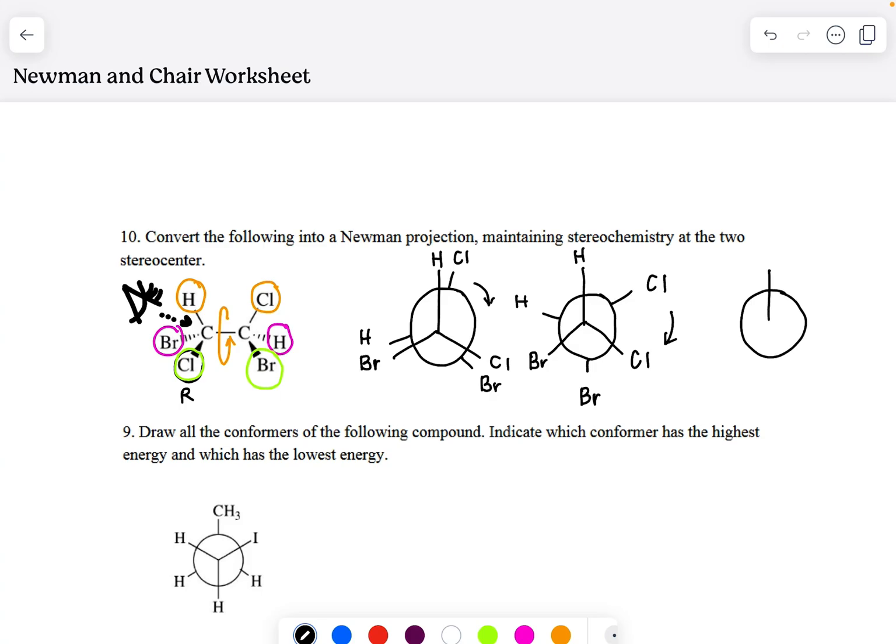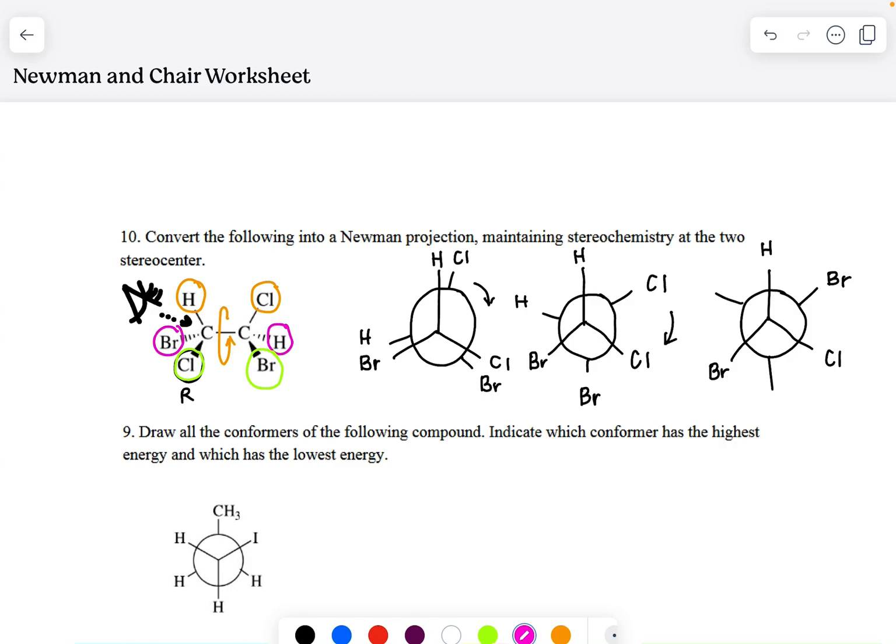Keeping everything in the front the same. Moving the stuff in the back. And the most stable would be with the biggest atoms that are going to be anti to each other. Those would be the bromines. So again, when I told you in class, you want to make sure you just keep the order the same.